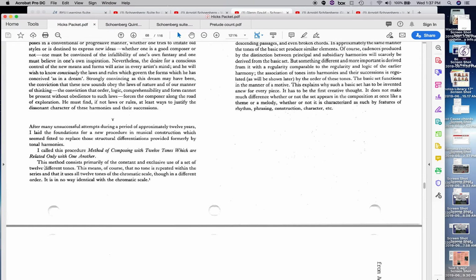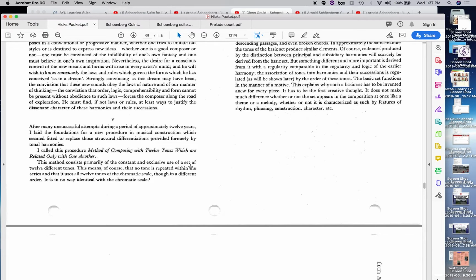Okay, here's where he describes what it is. This method consists primarily of the constant and exclusive use of a set of 12 different tones. Now, he uses the word set. However, that's not strictly correct according to traditional mathematical terminology. A set is an unordered collection of objects or numbers or whatever.